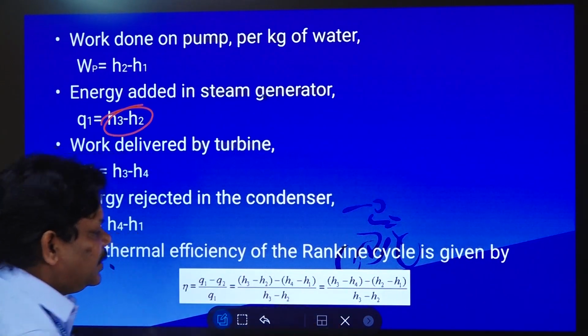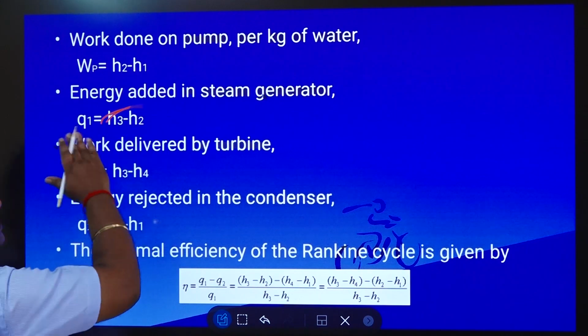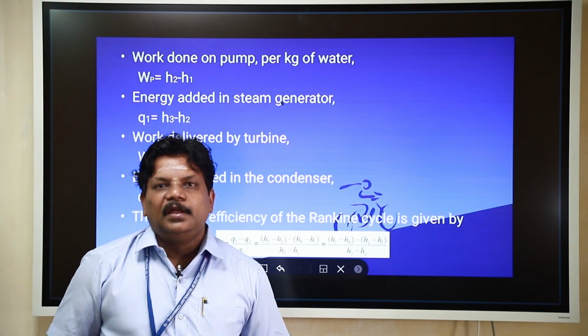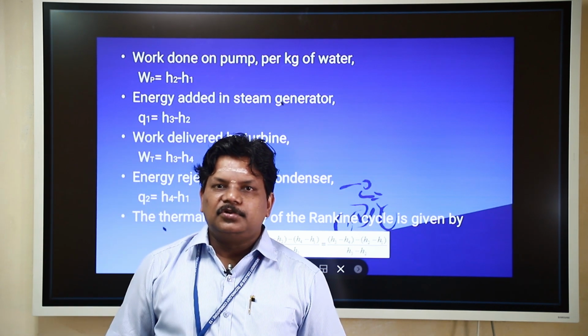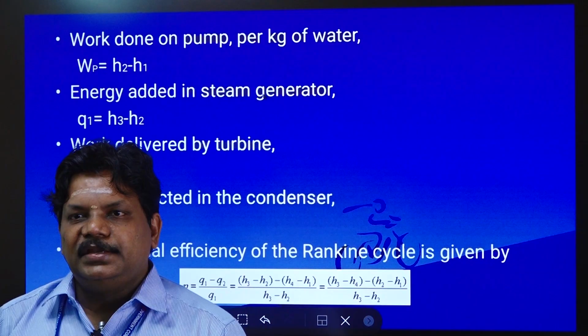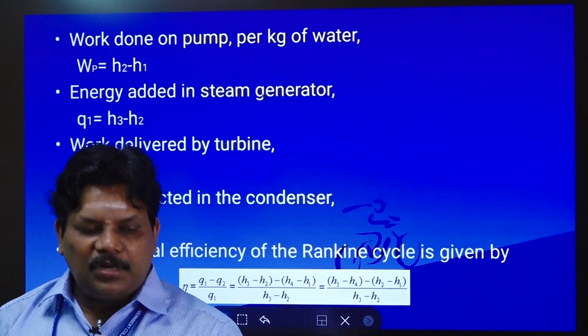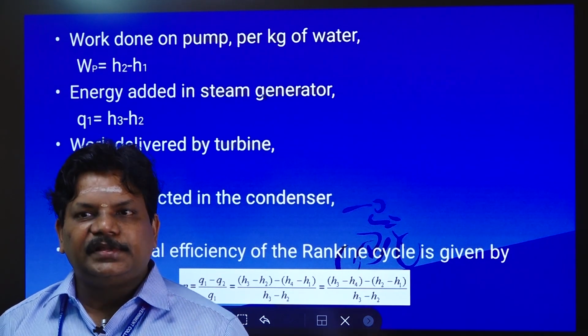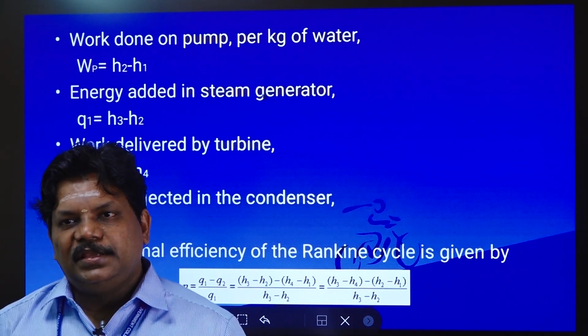So you have to use this formula for the problems given to solve on the Rankine cycle, because in GATE questions you mostly get the Rankine cycle with regeneration and reheating. So you have to concentrate. Only when you know the principle of the Rankine cycle can you go on to the further addition of regeneration and reheating.